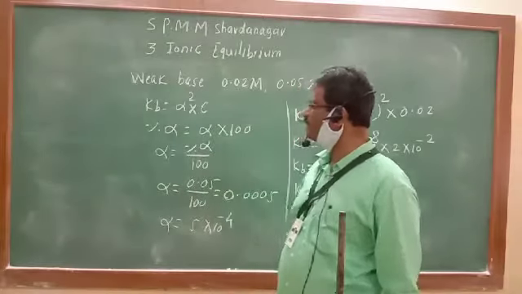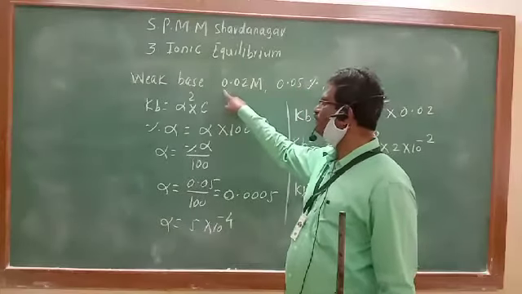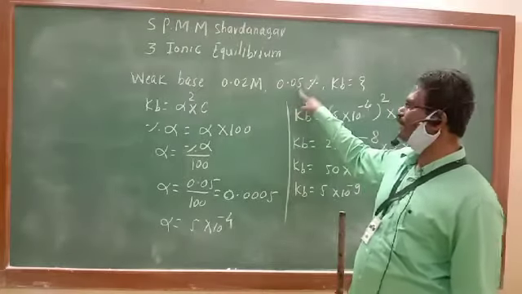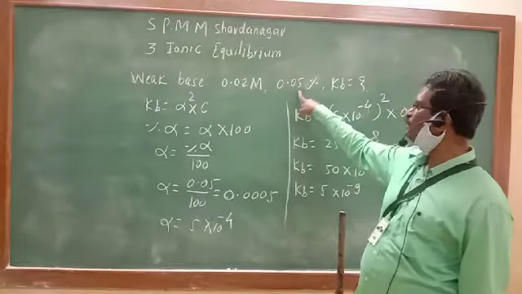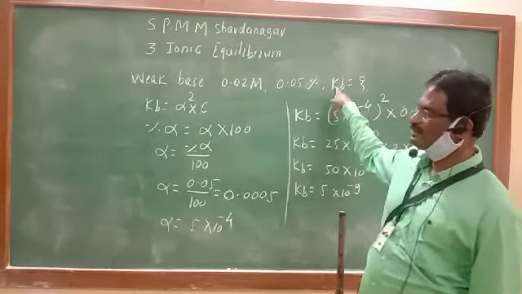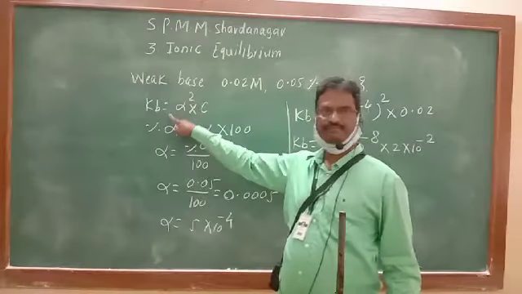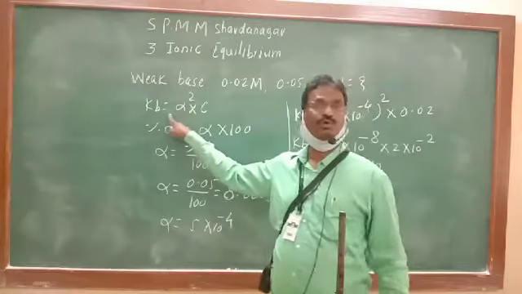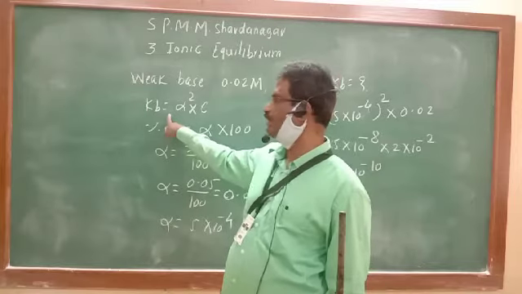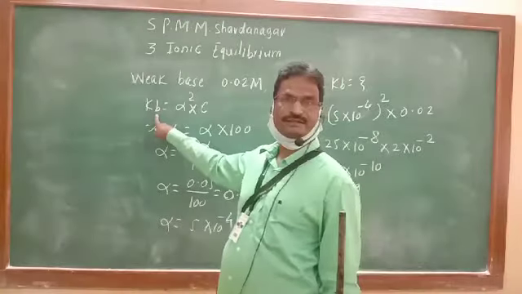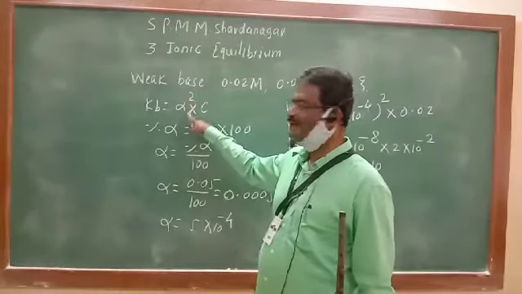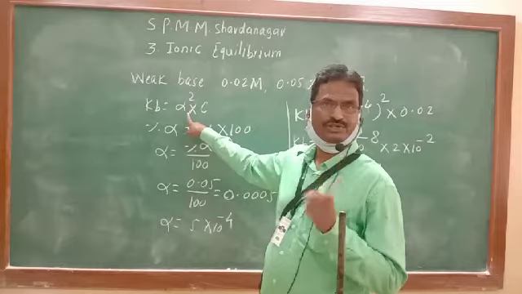So how do we solve this type of problem? If we are given the concentration of the base and the percent alpha, and we are asked to calculate the dissociation constant, we use the equation according to Ostwald's dilution law for a weak base: Kb is equal to alpha square c, where alpha is the degree of dissociation.